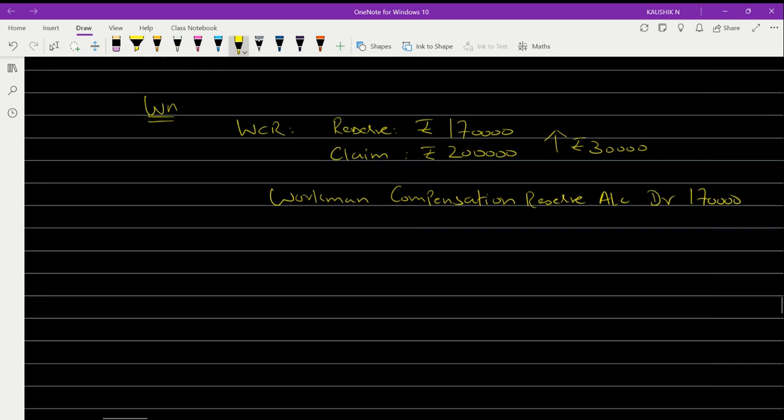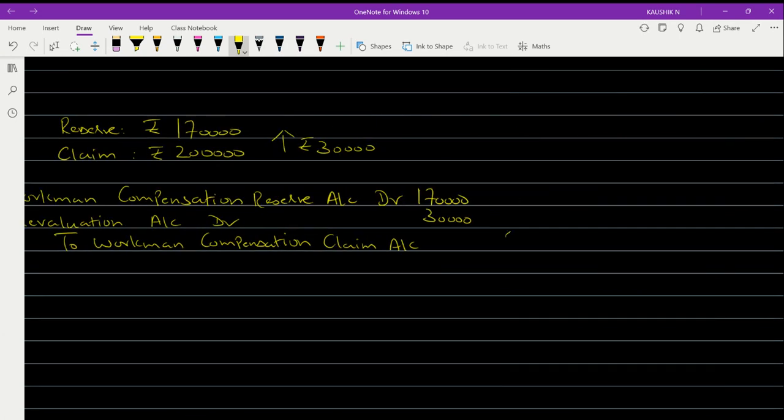You have a shortage of 30,000 that should be routed through an account called revaluation account, and then you credit the workmen compensation claim account with the entire value, 2 lakhs.